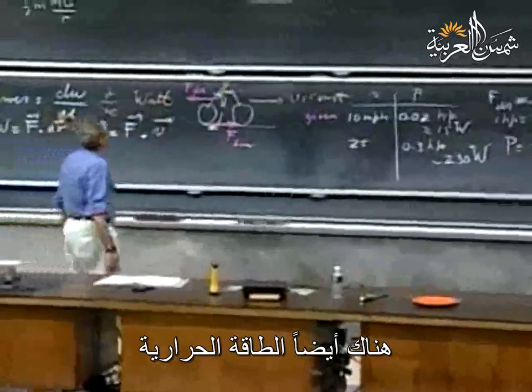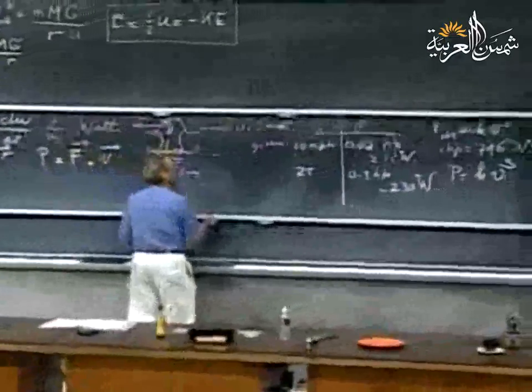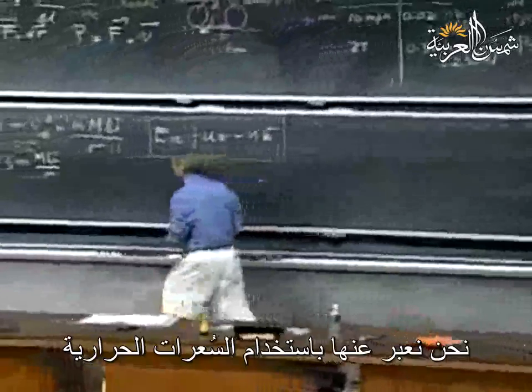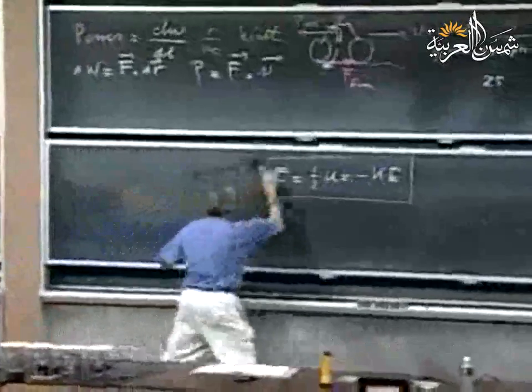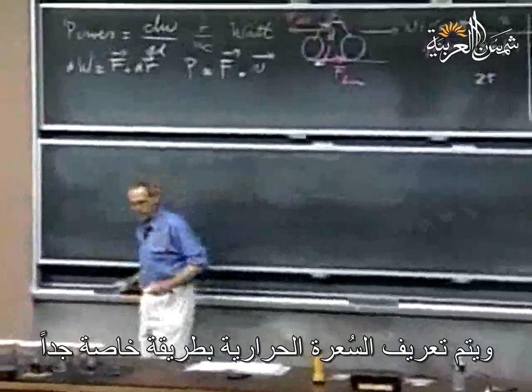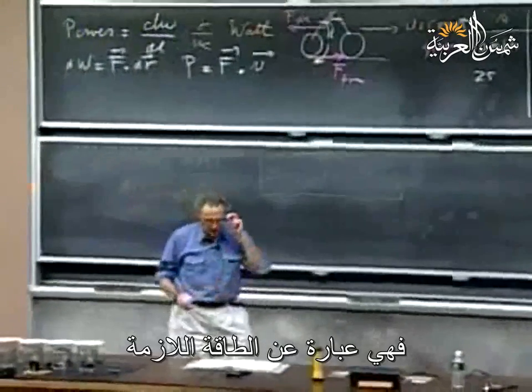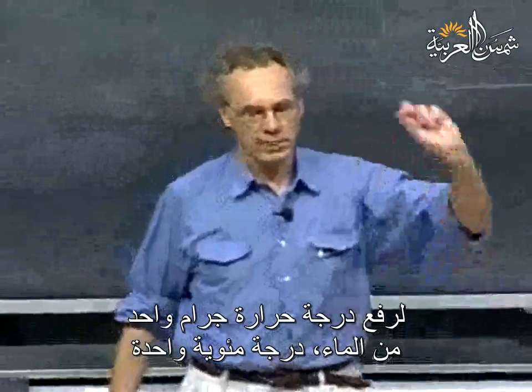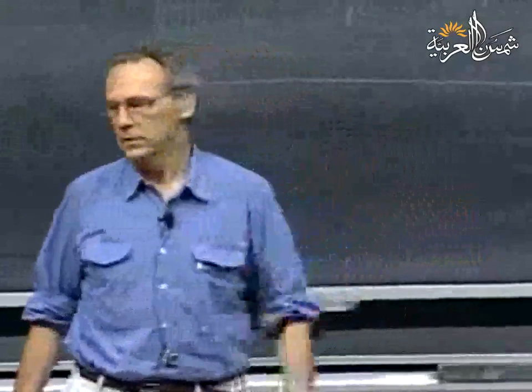There is also heat energy. And heat energy is expressed in a very different way. We express that in terms of calories. And the calorie is defined in a very special way as the energy which is needed to increase 1 gram of water by 1 degree centigrade.